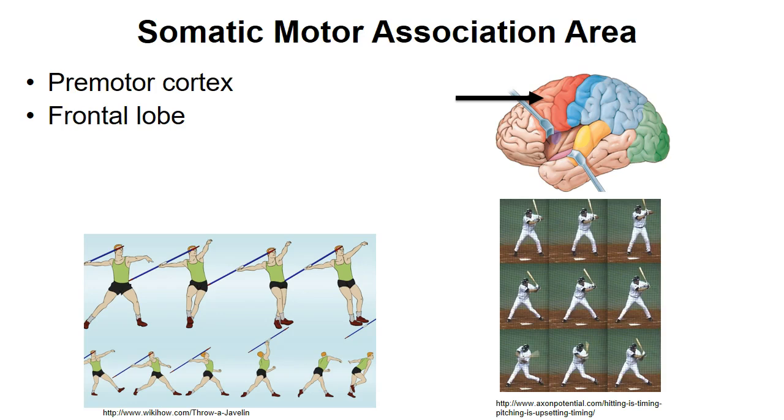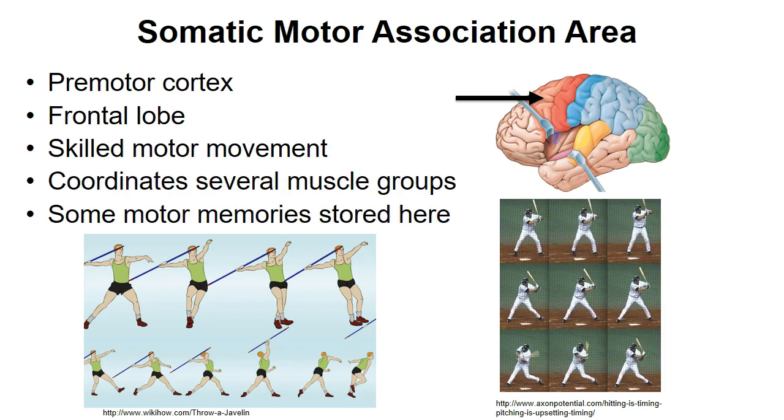Where does it get routed to next? Well, it's going to be routed to the primary motor cortex. So here, we're starting the choreography, the planning of skilled motor movement, to be able to take that quarter out of your pocket among all the other coins, and then put it into the vending machine coin slot. It is not the only thing involved, but it starts the process of coordinating the movement of several muscles.